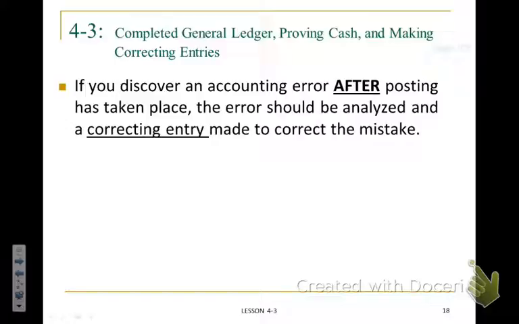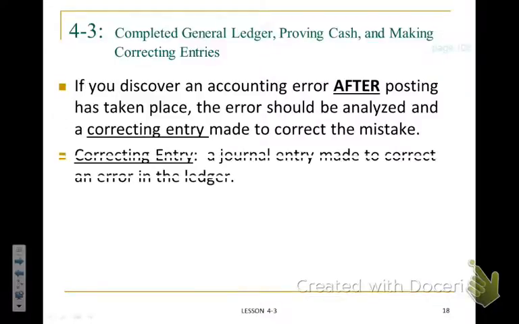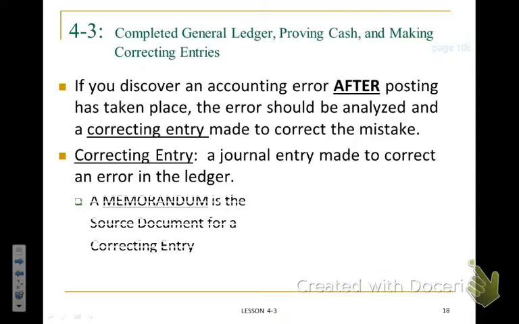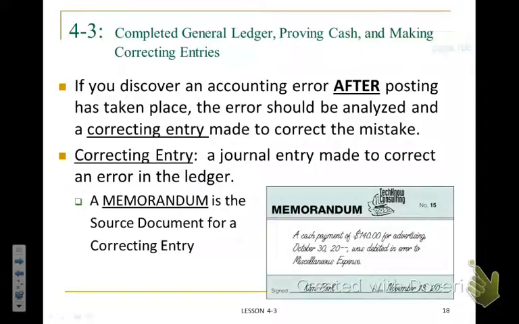If you discover any types of errors after you've posted, then you have to do what we call a correcting entry. I'll go over correcting entries next class. A correcting entry corrects a journal entry that was made incorrectly, and you would record that on a memorandum.